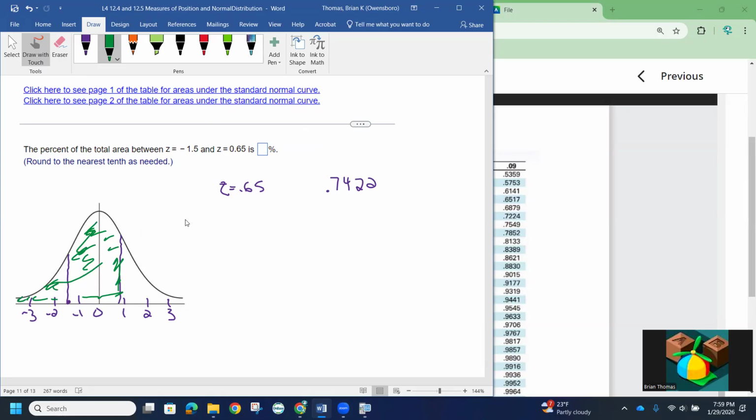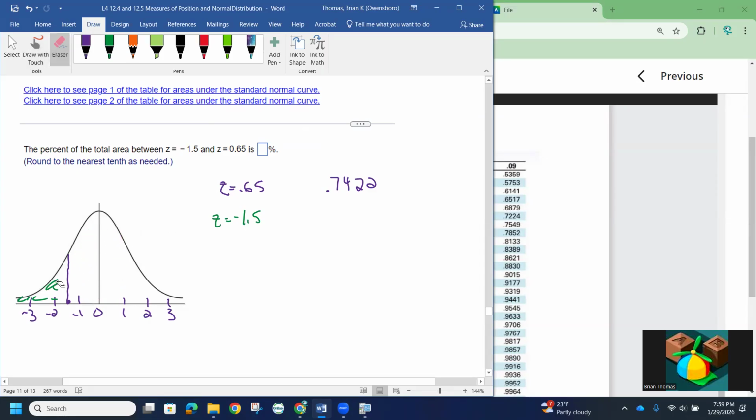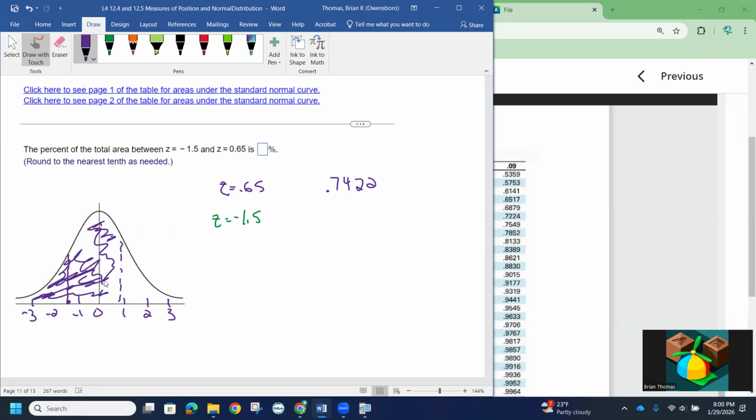What I need though is the other z-score, which is negative 1.5. So z would equal negative 1.5. Let me do a little better with my coloring. Forgive me for my color not being all that great. 0.65 would be about here, and that area goes from 0.65 all the way over to the left.